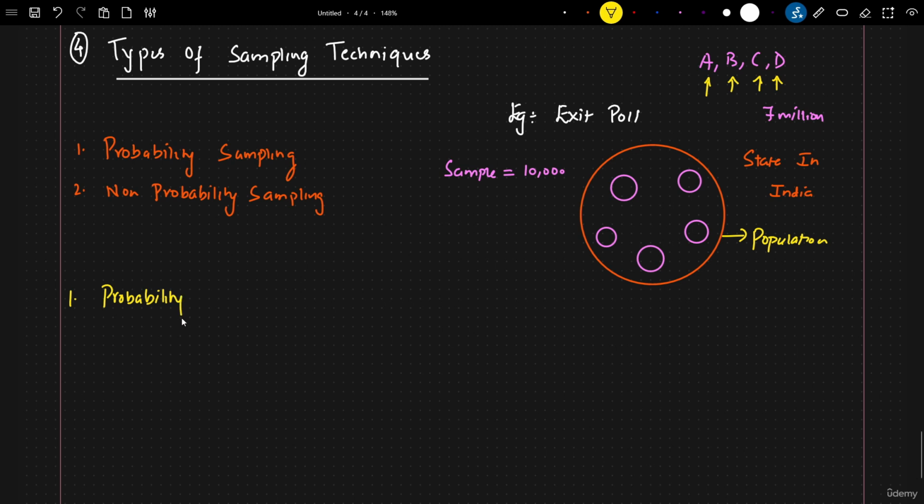So here I am going to use probability sampling. In probability sampling, the first type of sampling that we will discuss is called simple random sampling.